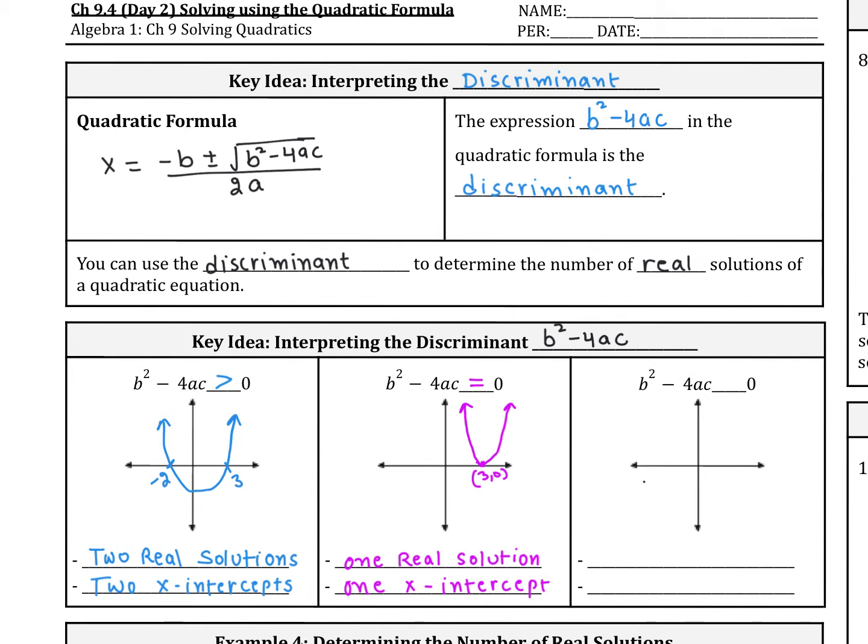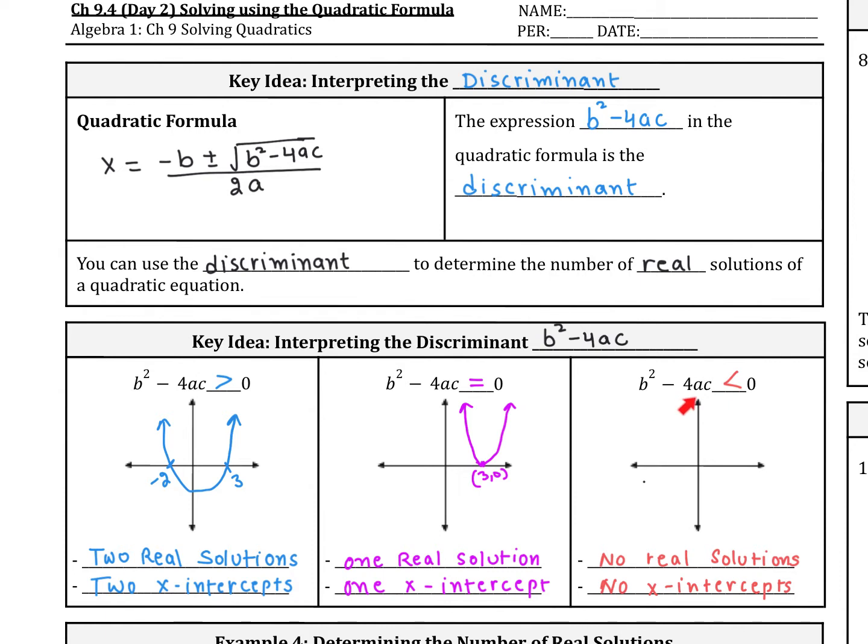Next is when b squared minus 4ac equals 0. If the value comes out 0, then you're going to have one real solution or one x-intercept, which means the parabola is going to cut the x-axis at only one point. The next is when b squared minus 4ac is less than 0.